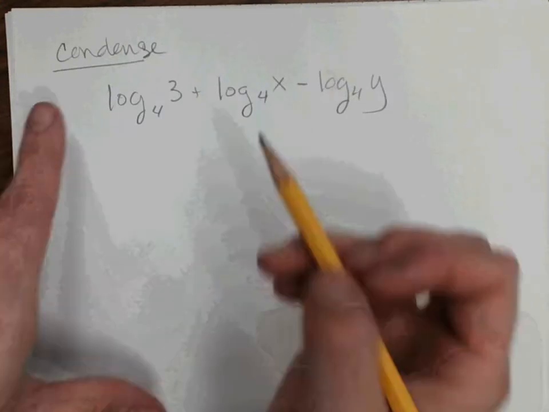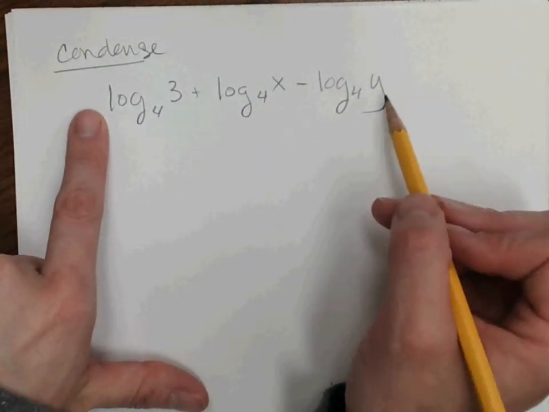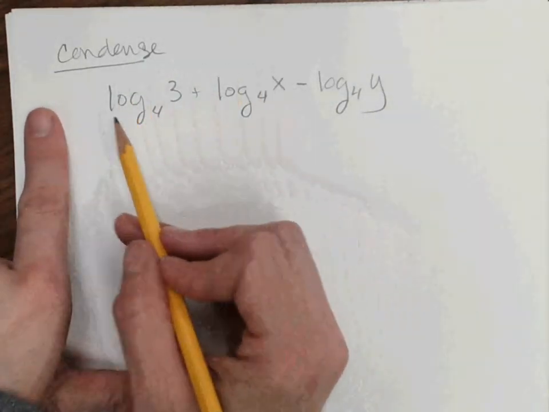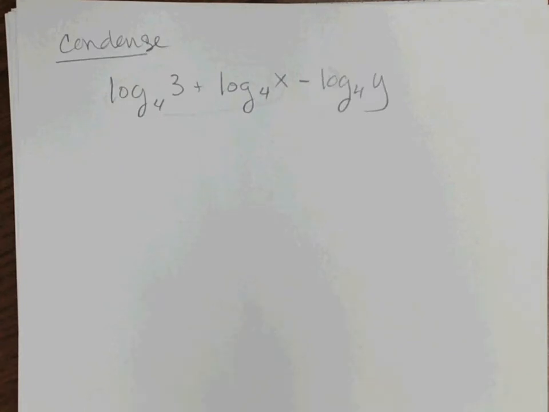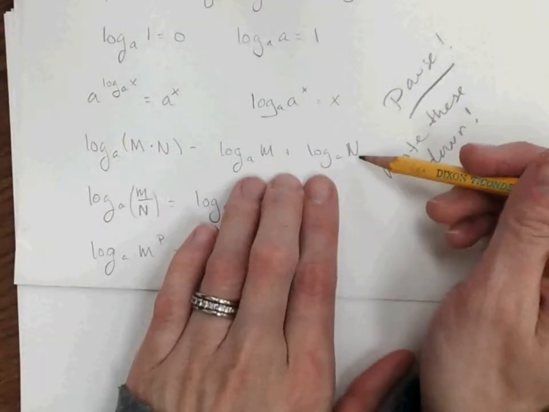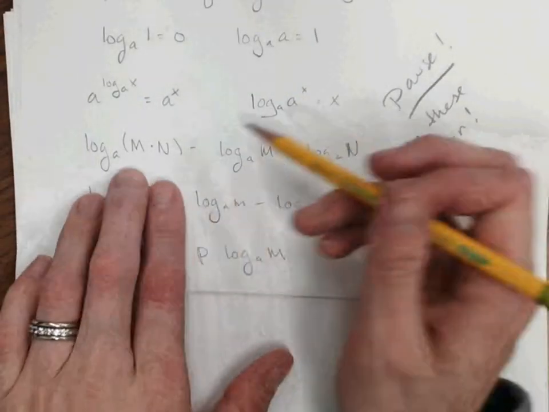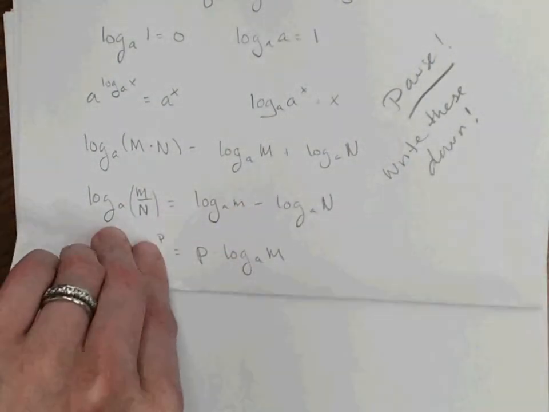Okay, so I can go from left to right, and I can use my properties to condense this. Here I have addition, right? I'm going to go back to my property page. Here it is. I have addition, so if I look at my notes here, I'm looking to condense, so I'm starting over here where they're separated out. That's going to be multiplication. If I have subtraction, that's going to show up as division.